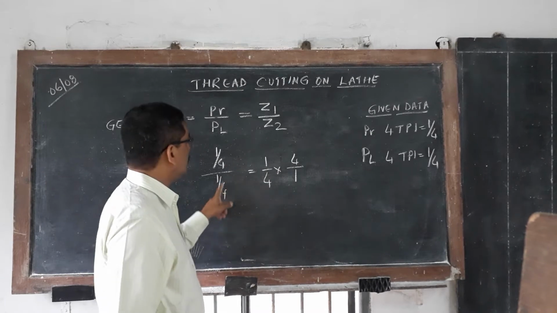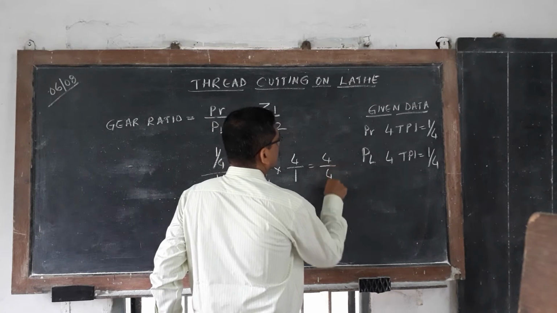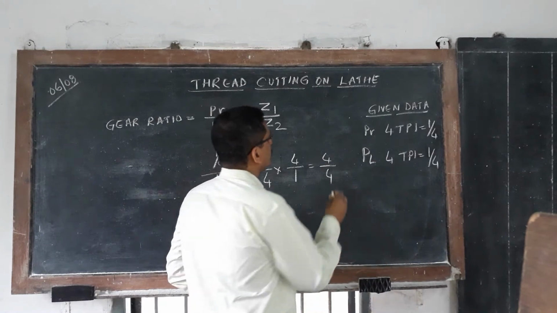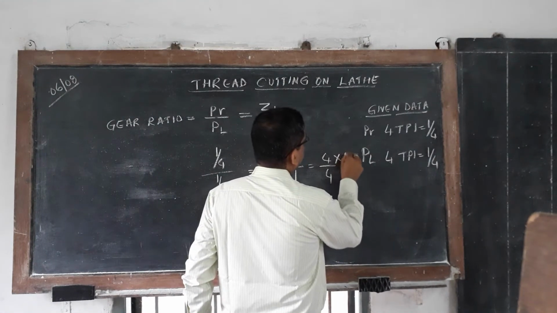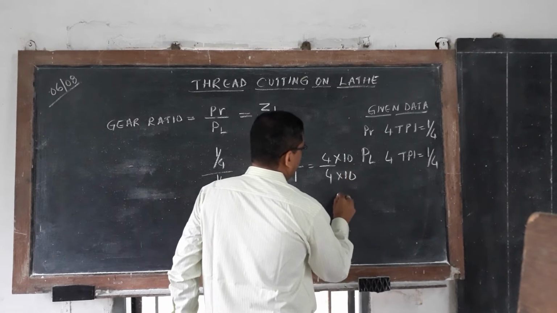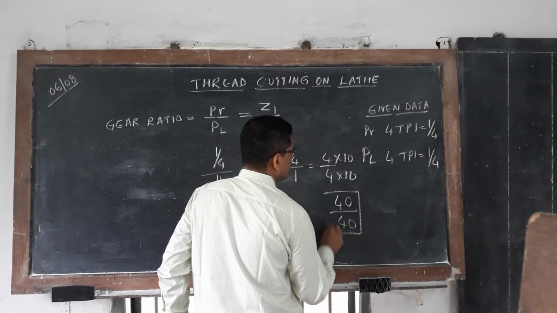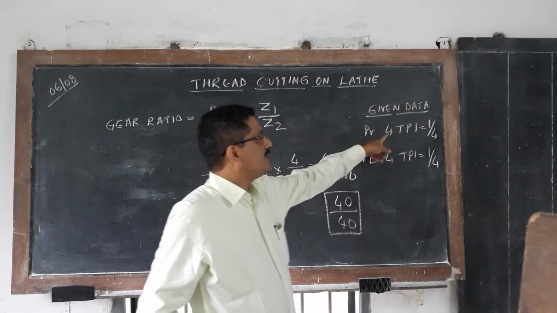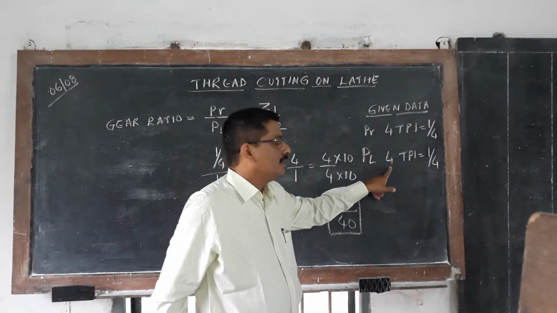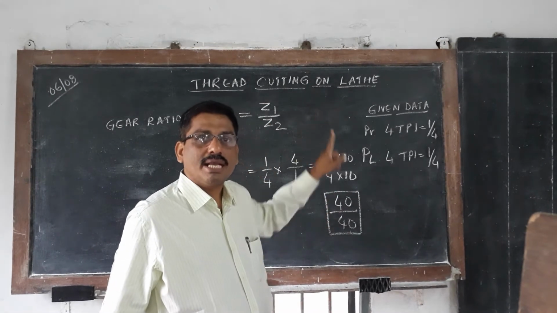When you multiply, it is nothing but 4 by 4. Here you can multiply by any number, so we take 10 into 10, and your change gears will be 40 divided by 40. Is it clear? Because the TPI required and the pitch of the lead screw are both the same, the same number of teeth will come on the driver as well as the driven.